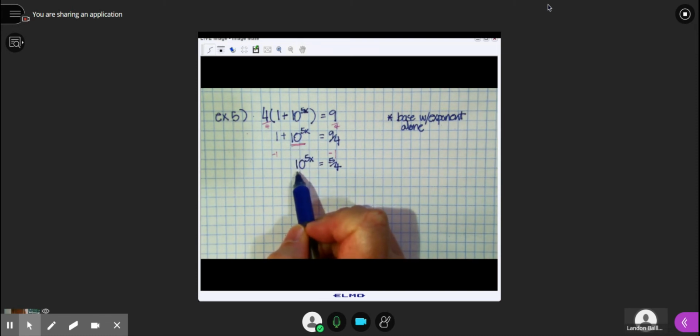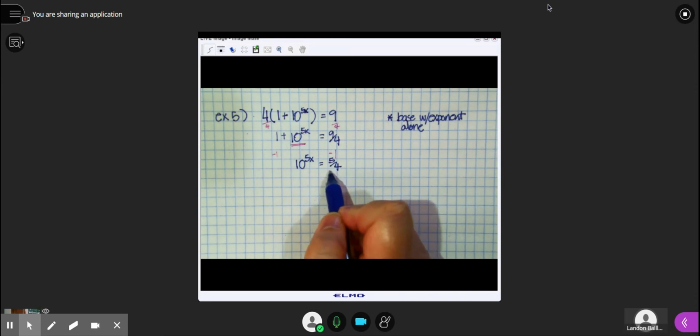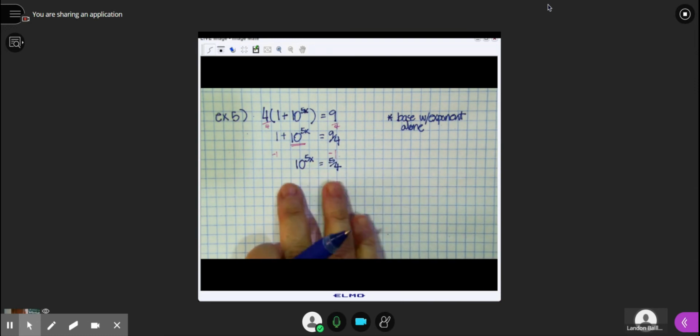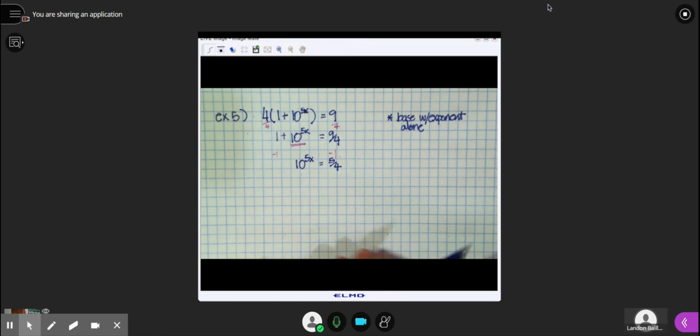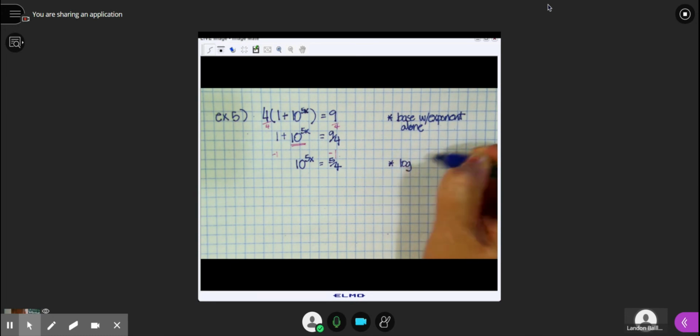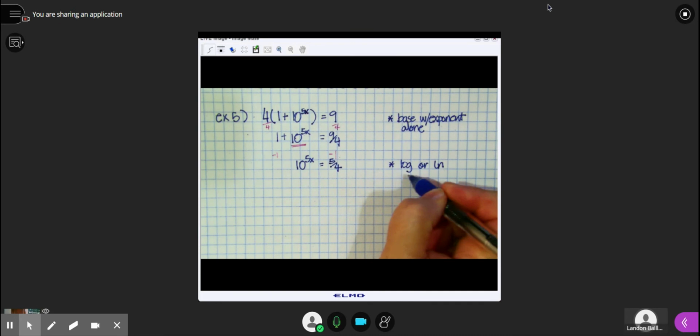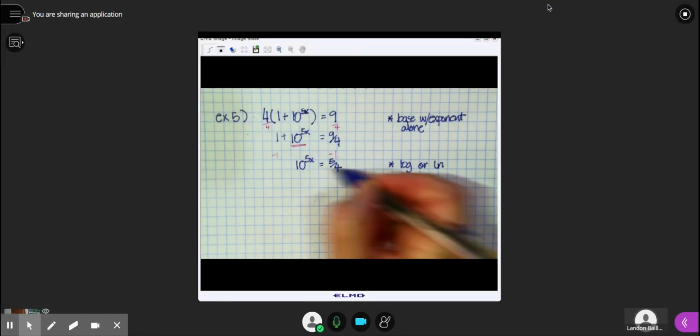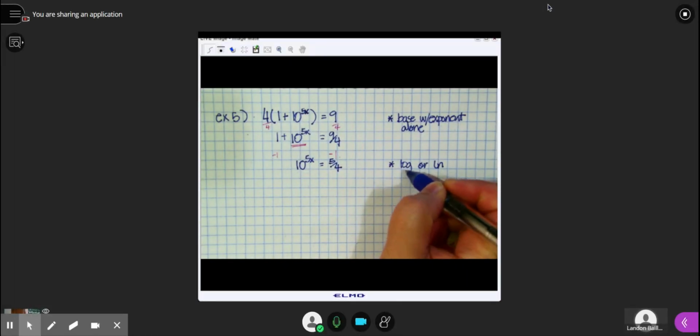Now, do you see how we have a base to an exponent, and then technically we have a base to an exponent of 1? This means I can now apply the law of logs. So now I can use log base 10, the common log, or the ln. Because this is a base of 10, I'm going to use the common log base 10.